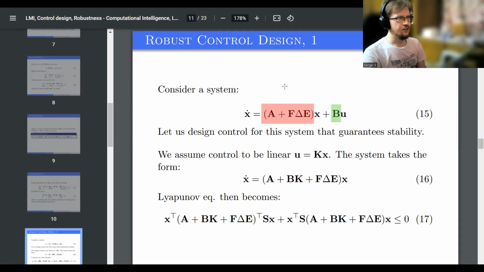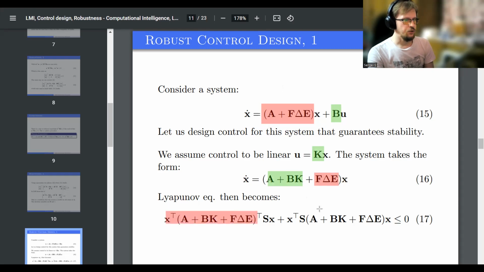Now we design the control law as Kx. So the closed loop becomes A plus BK, plus the uncertainty part here, F delta E. We already have seen the derivative of the Lyapunov equation one more time, with x dot. This is x dot transposed x dot.